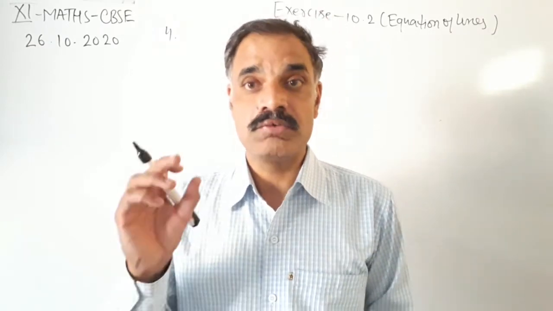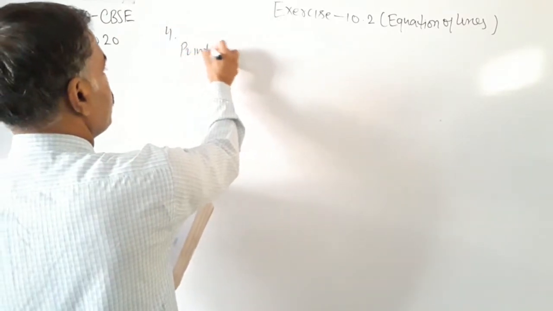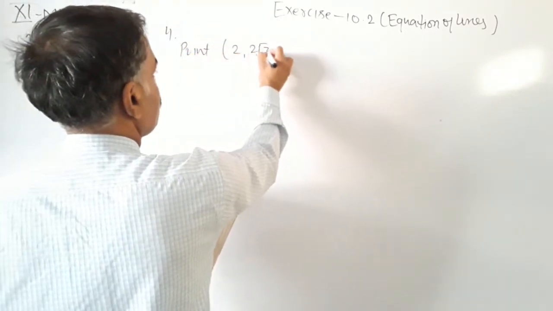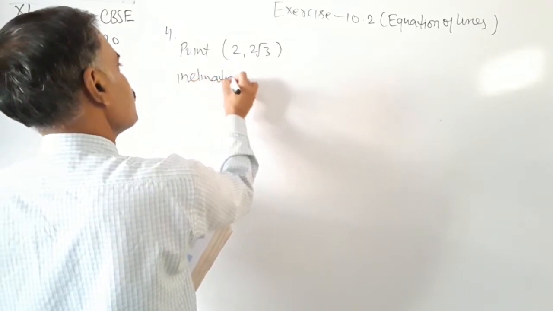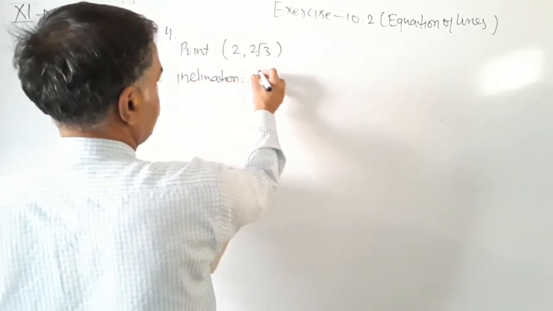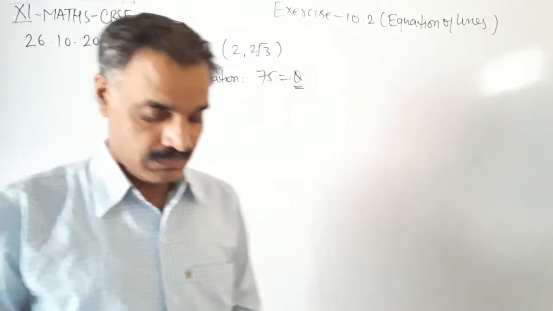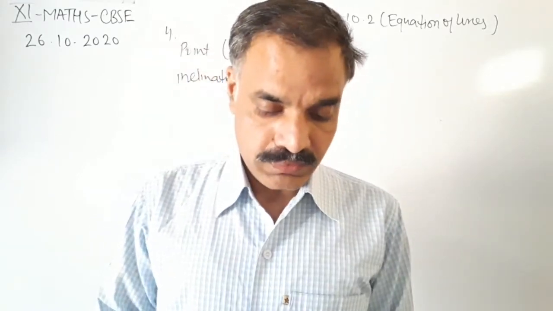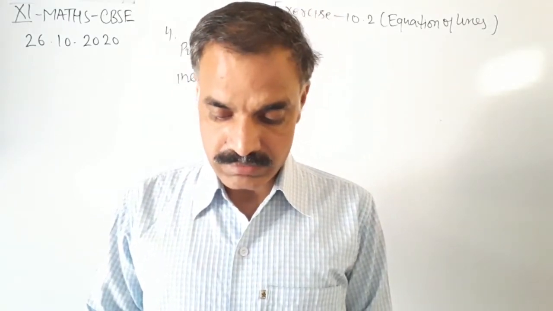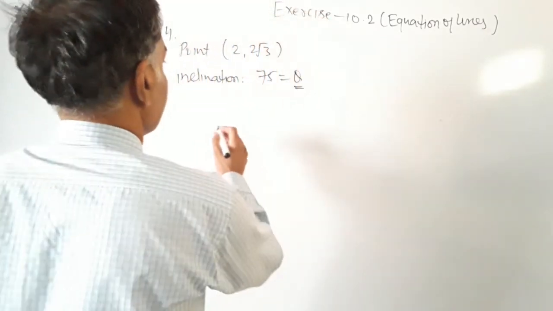Means we have been given one point, 2, 2 under root 3, and the inclination theta is 75 degree. Now we have to find the equation of line.